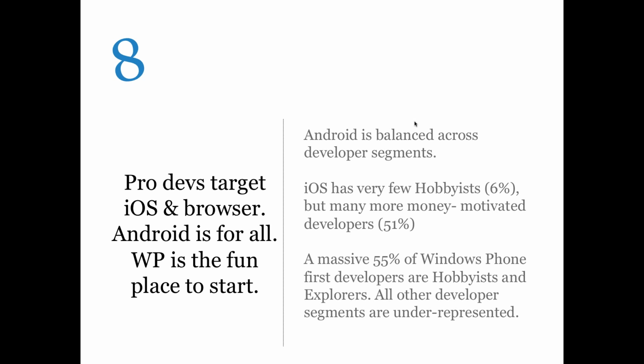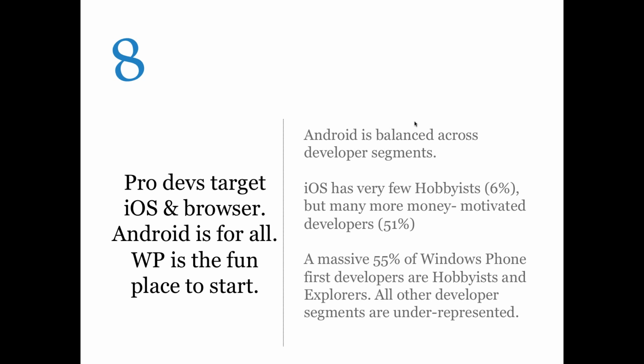And we see that the platform choices made by segments characterize those segments almost completely. So, for example, iOS has very, very few hobbyists, but just about 50% of hunters and guns for hire, in other words, the money-motivated developers.